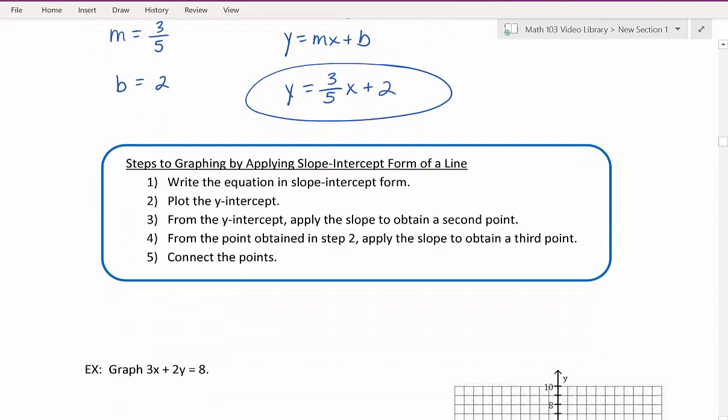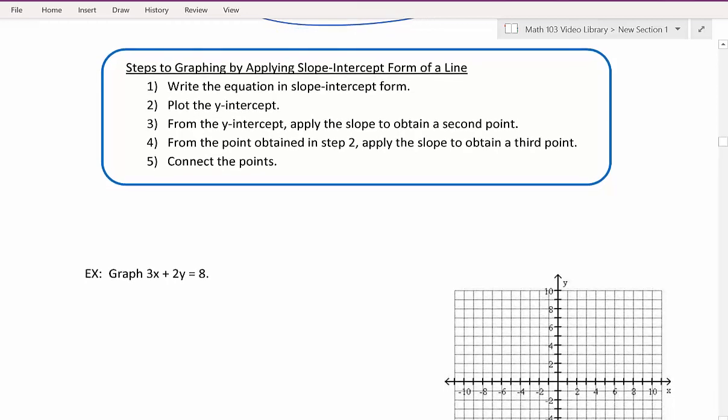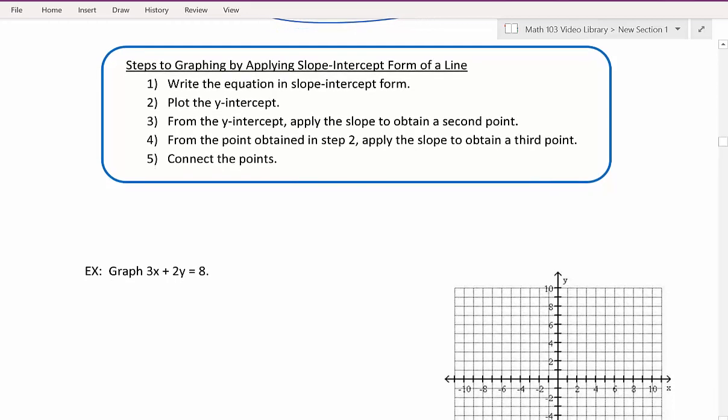Well, now let's talk about how we can use slope-intercept form of a line to graph equations of lines. These are the steps that we're going to want to follow to accomplish that. The first thing you want to do is write the equation in slope-intercept form. To accomplish this, we're essentially just solving for y.